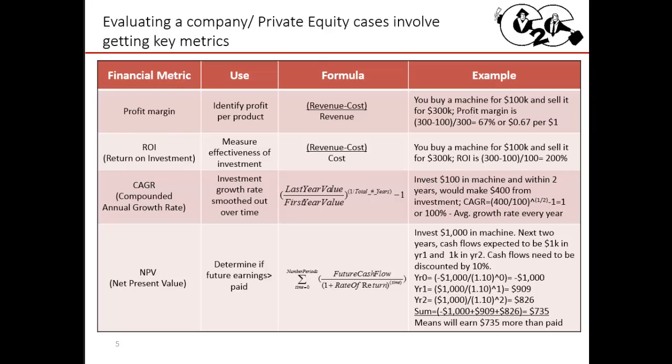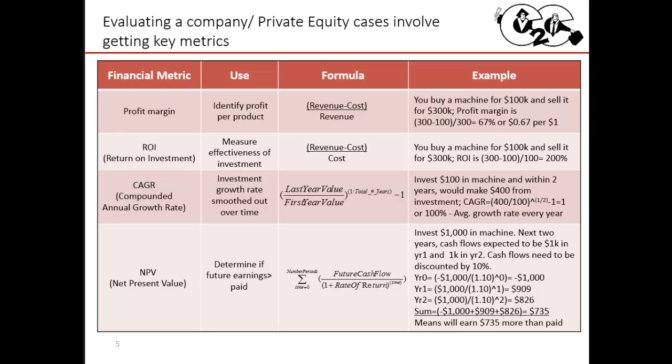Year 1 means I have $1,000 of cash divided again by 1 plus my discount rate, or rate of return, 10%, to the power of 1. So now this equals $909. Year 2, I also have a cash flow of $1,000 divided by 1.10, because of 1 plus the rate of return.